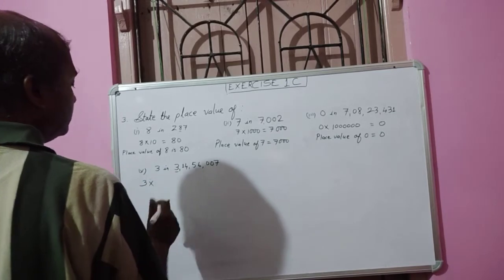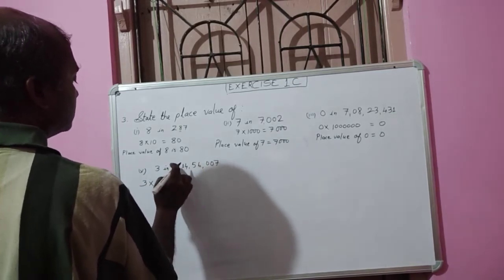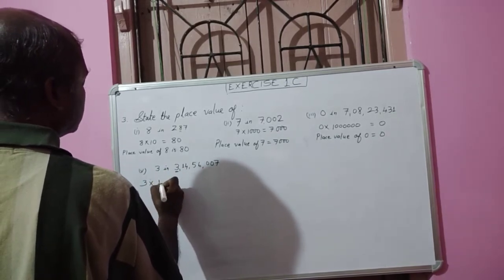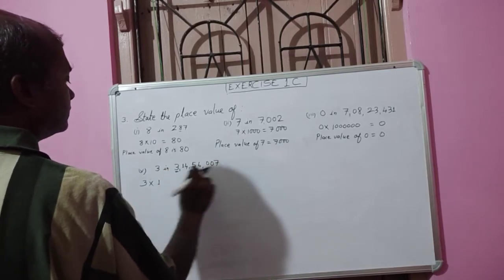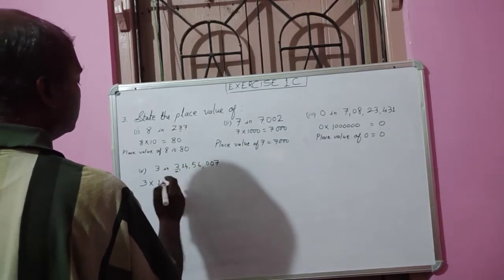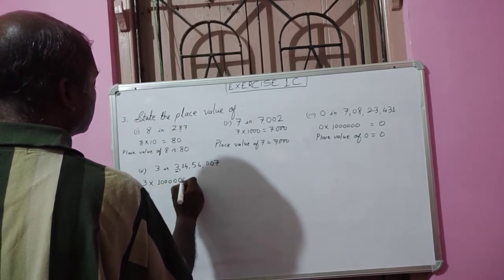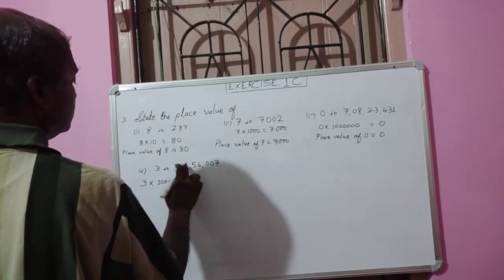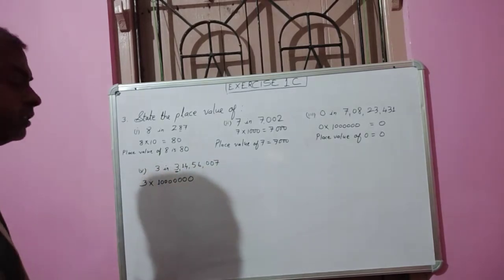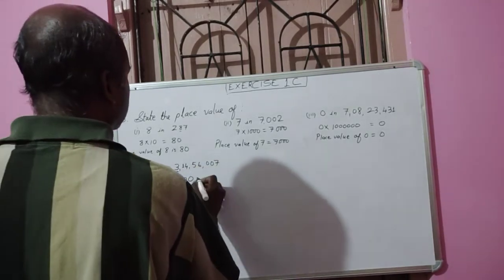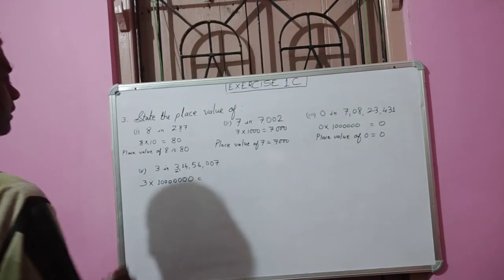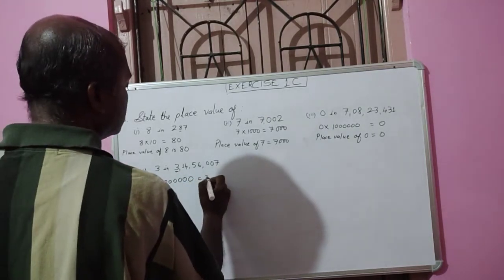Now in crore, how many zeros will be there? After 3, you count how many digits? 1, 2, 3, 4, 5, 6, 7. So 7 zeros. After 3, that many zeros. So 3 multiplied by crore is 3 crore.